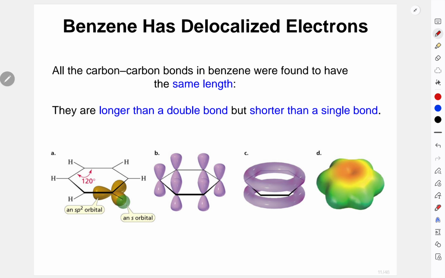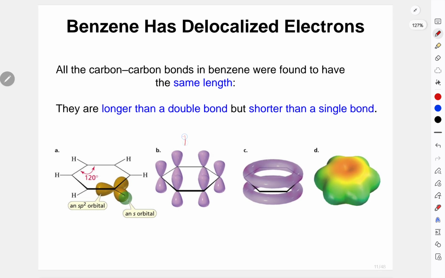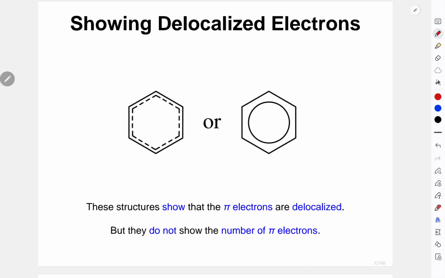And all the carbon bonds in benzene were found to have the same length. They are longer than double bonds, but shorter than single bonds. That's what people characterized about the structure of benzene. And finally, people found a way to represent the structure of benzene, showing the delocalized electrons.